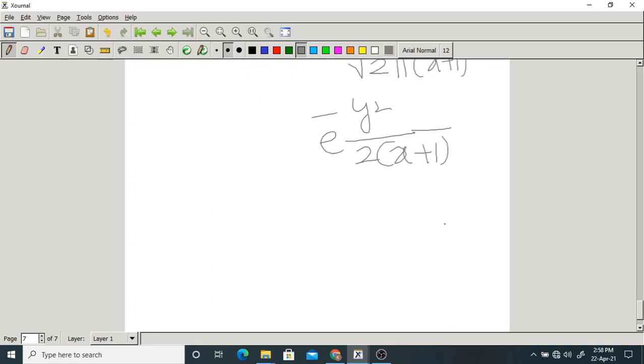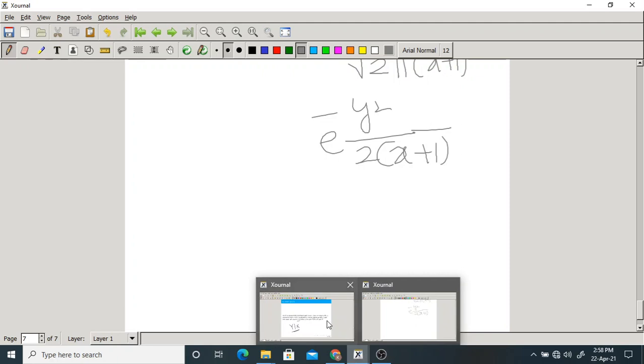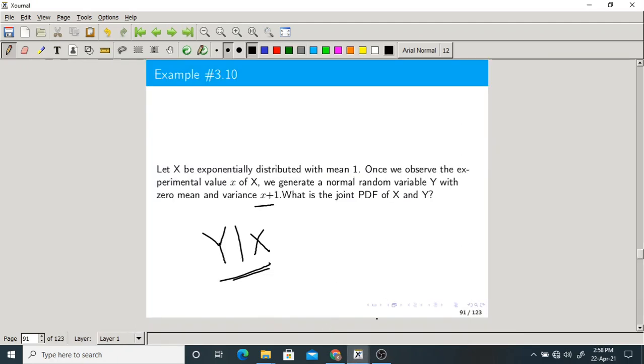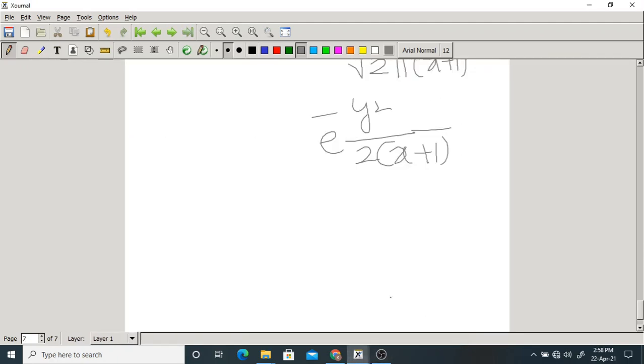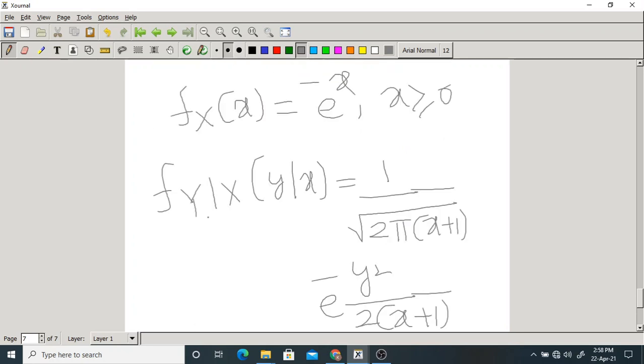Now what are they asking in the question? The joint PDF of x and y. By the formula, simply you multiply these two, isn't it?